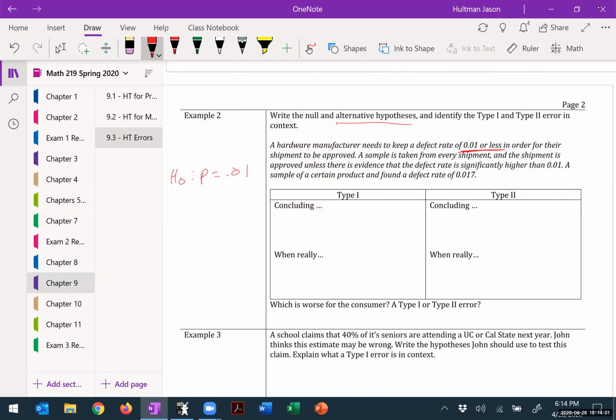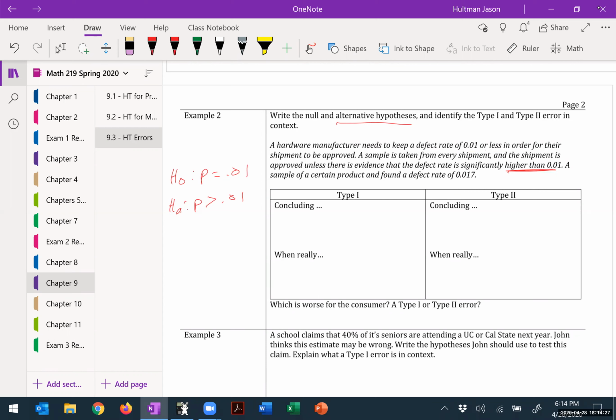We'd like this to be less than 0.01. Or no, higher, sorry. We're going to reject it unless we're higher than 0.01. Okay, higher than 0.01. So let's go with that one.